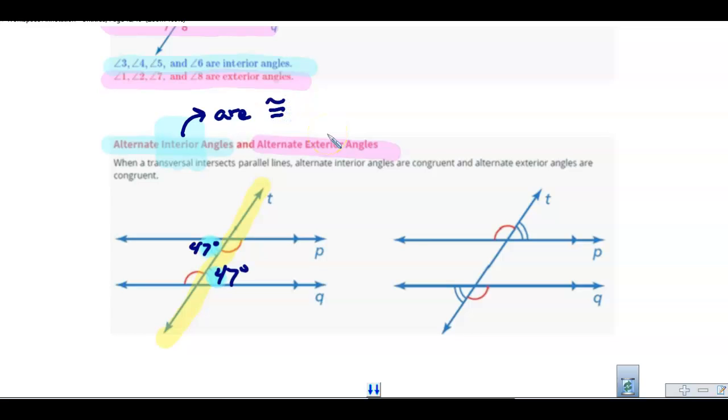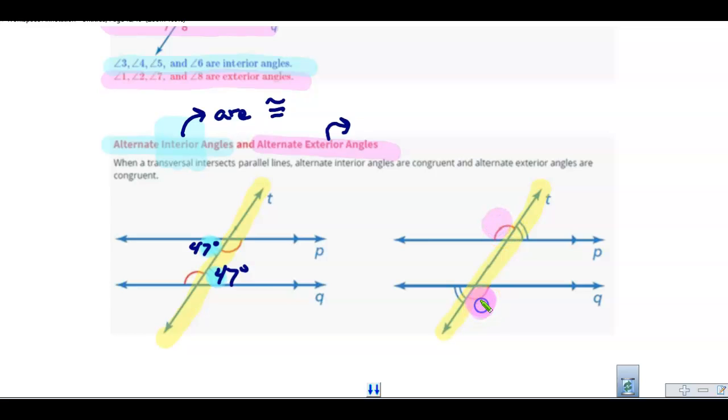As you would assume, alternate exterior angles are essentially the same. The only difference is instead of being interior angles, they are exterior angles. So they are on the outside of the parallel lines, and they are alternate exterior angles because one is on the left-hand side of that transversal and one is on the right-hand side.